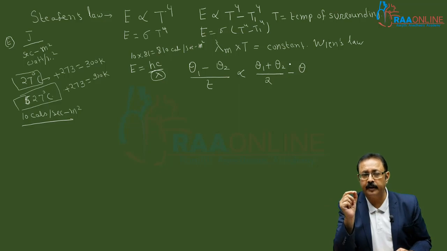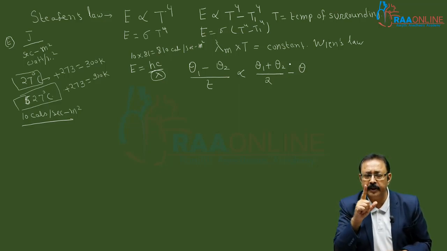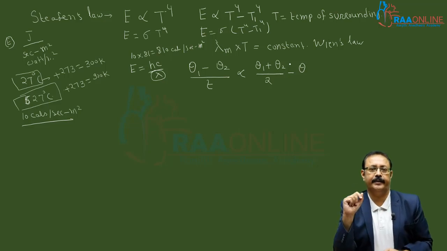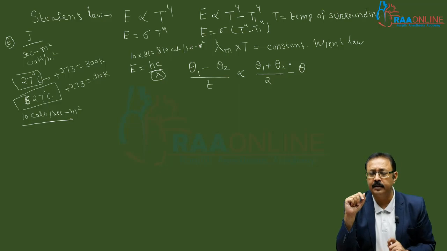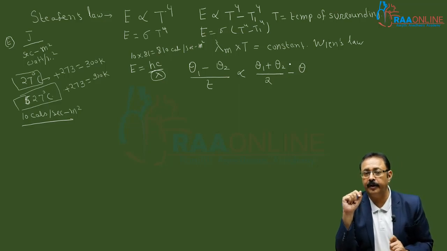So the rate of cooling is directly proportional to the temperature difference between the mean temperature of the object and the temperature of the atmosphere. Getting my point? This is again a very important rule.